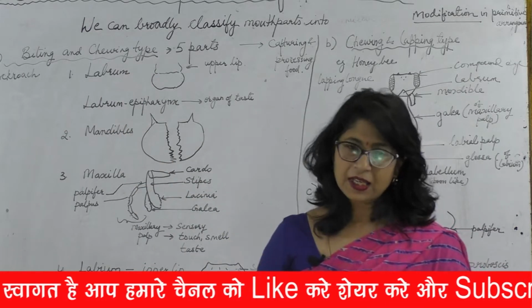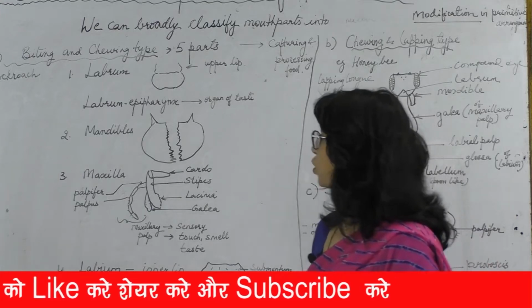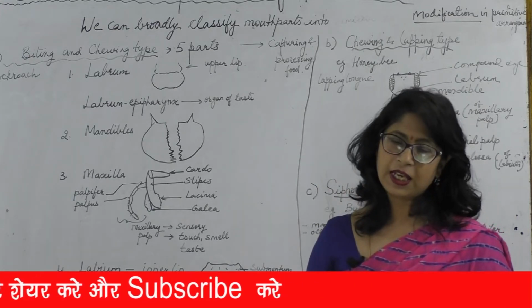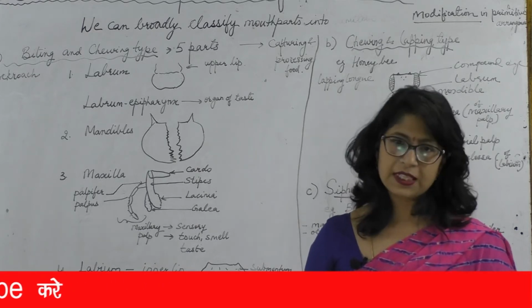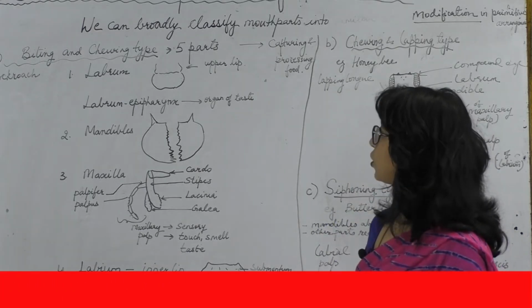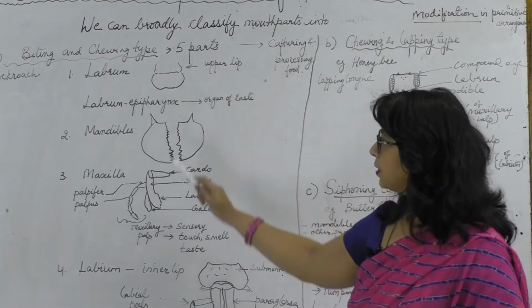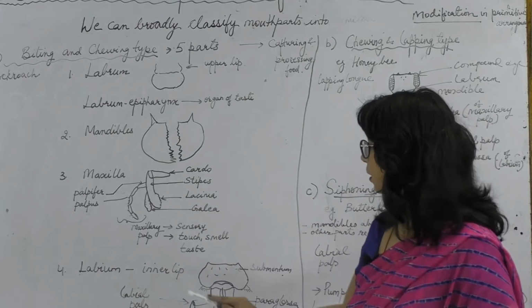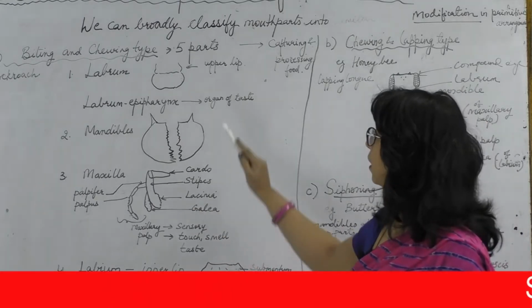For biting and chewing the food, there are 5 structures which enable the insect to capture the food as well as process it. These 5 structures are labrum, mandibles, maxilla, labium, and hypopharynx.